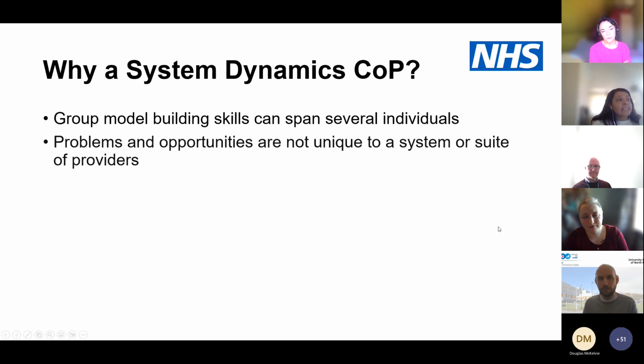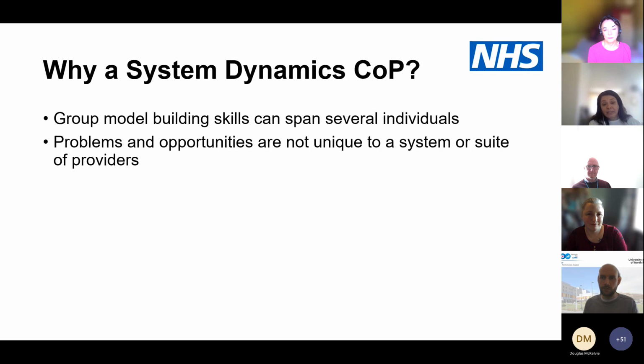So why a system dynamics community of practice? This is not a limited type of project. It needs to bring different skills. And I know Douglas asked, is it interdisciplinary or is it an MDT team that we need for these projects? And whatever way you call it, you need to bring different skills, and some of those skills, it's difficult to find all of them in one person.